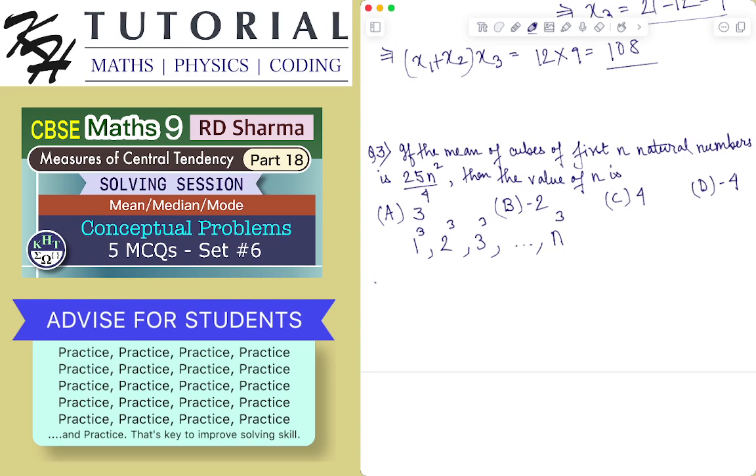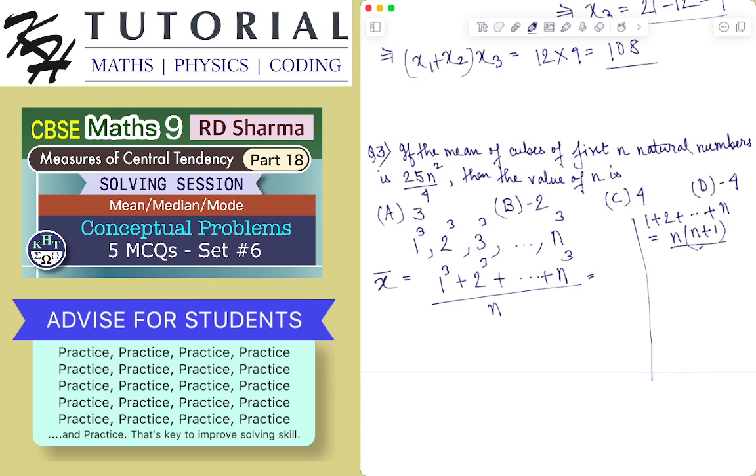So the mean will be 1 cube plus 2 cube up to n cube divided by the total number of observations, which is n. Now one thing you must know: the summation of 3 things, formula or result, you must always remember. The sum of the first n natural numbers, 1 plus 2 plus 3 plus 4 up to n, is equal to n into n plus 1 divided by 2.